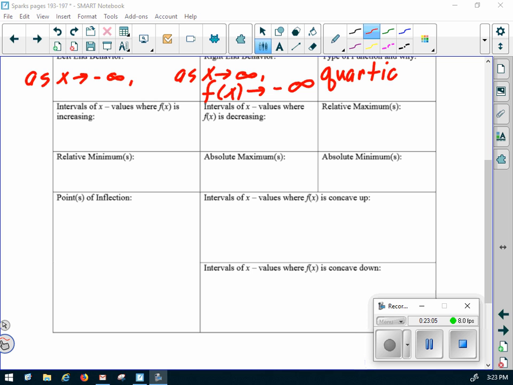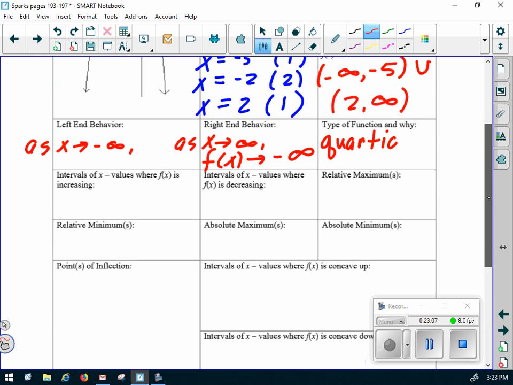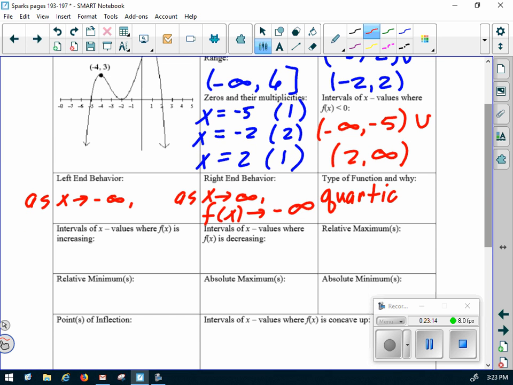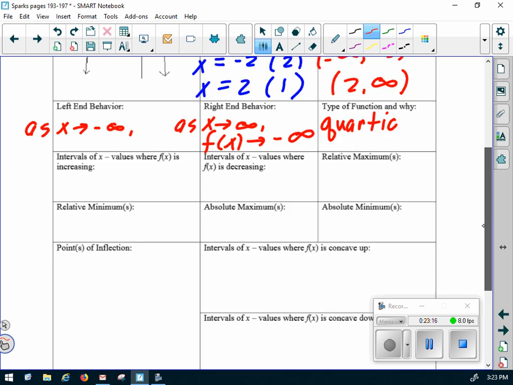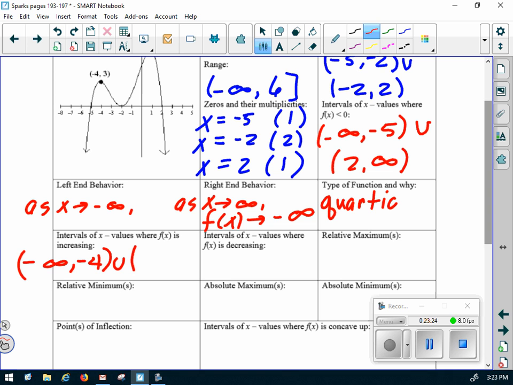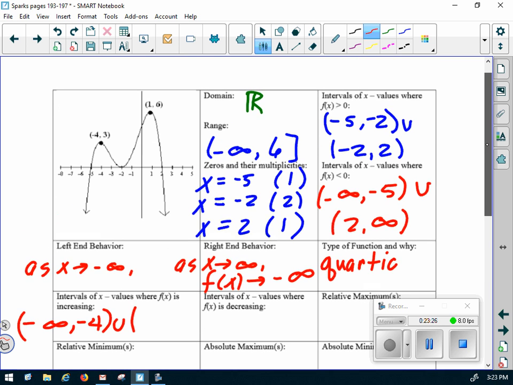Intervals of x values where f is increasing. Where's that function increasing? Negative infinity to where? Negative infinity to -4. Increasing -2 to 1. Yep.